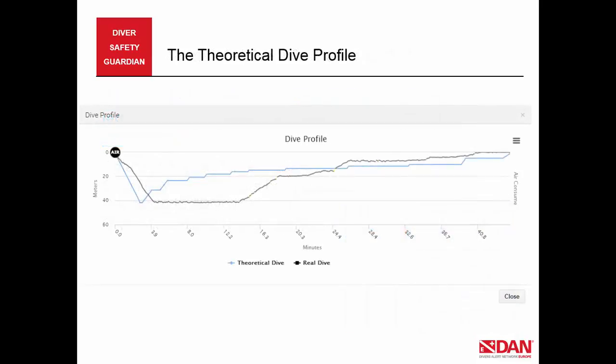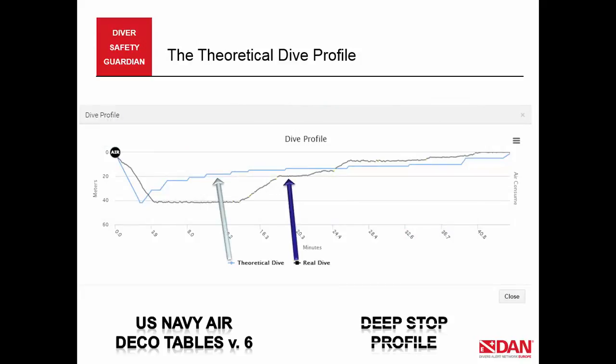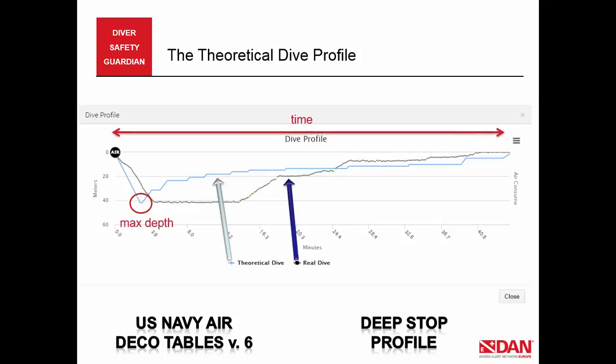So what does the theoretical dive profile mean? The flexibility of modern dive computers permits almost limitless depth and time combinations within the ultimate boundaries of permissible tissue gas saturations or bubble volumes.